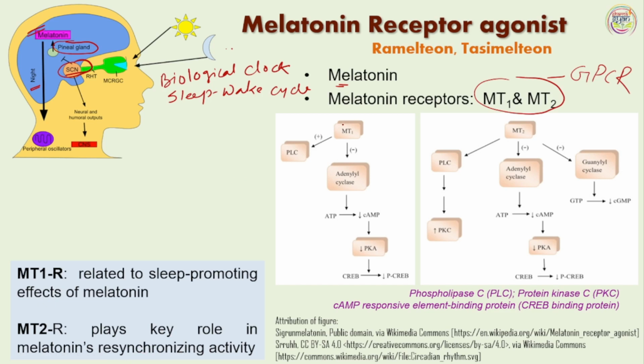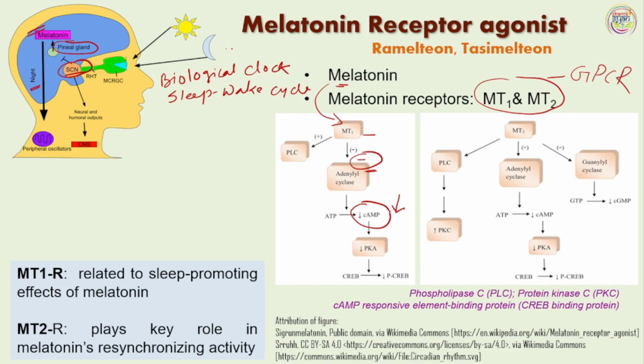Now coming to the MT1 receptor: when melatonin binds to it, its activation results in inhibition of adenyl cyclase. As a result, the formation of cyclic AMP is reduced.